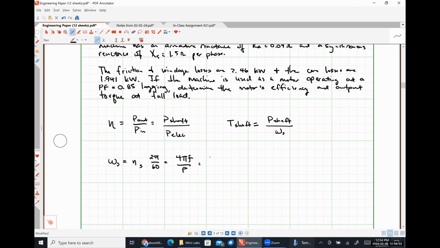So this is going to look like 4 pi times 60 over 6, which just comes out as effectively 40 pi, or 125.664 radians per second.